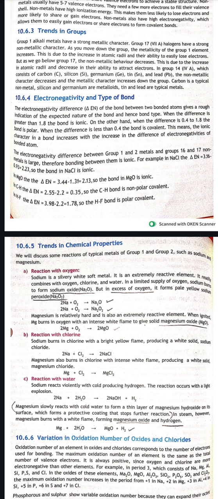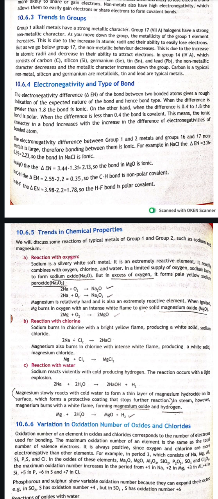So the non-metallic behavior decreases. I just want to figure out this point. Just a minute. The non-metallic behavior. Okay. So basically, when we are moving down group 17, here they have written that the metallic behavior decreases.